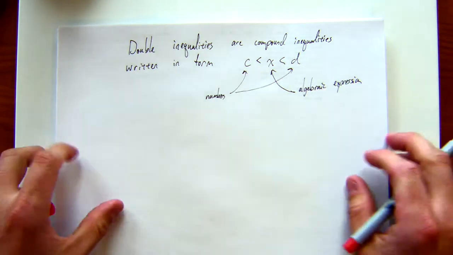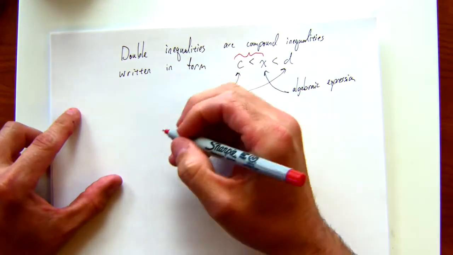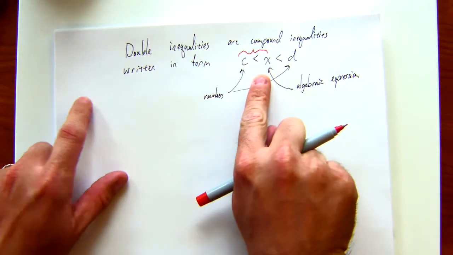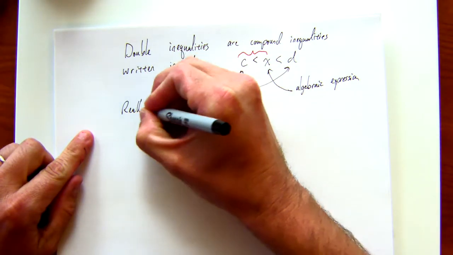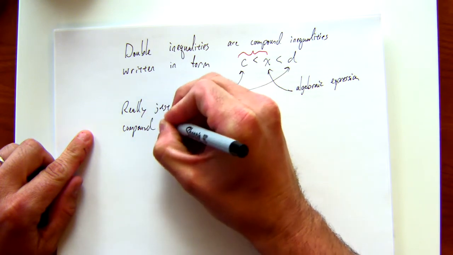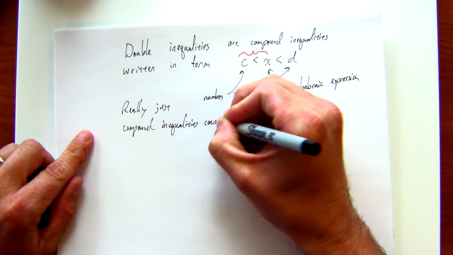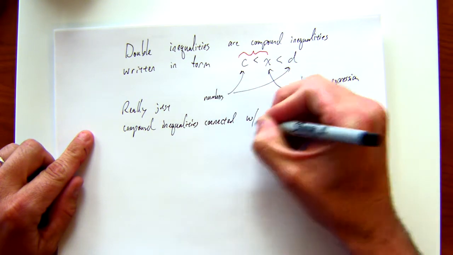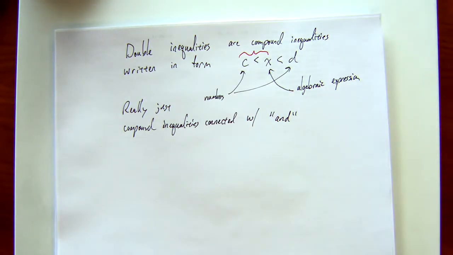And it's a double because it's actually two things. So double inequalities are these compound inequalities, and they're really just compound inequalities connected with and. So you can break up a double inequality, like what we did before, into two inequalities connected with an and.